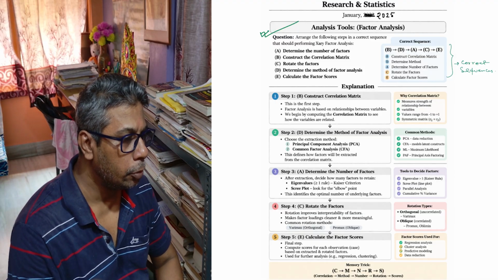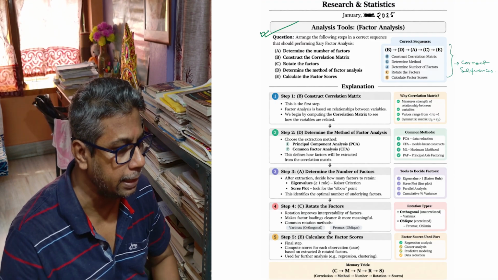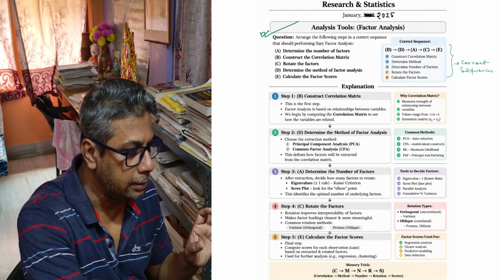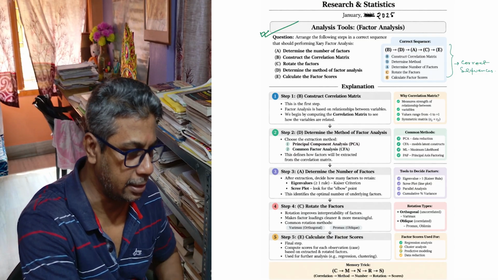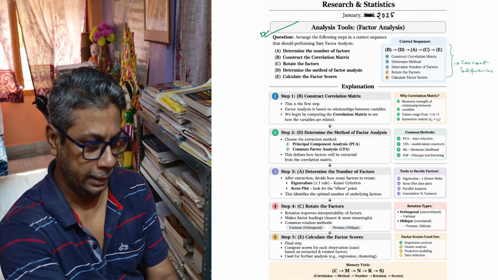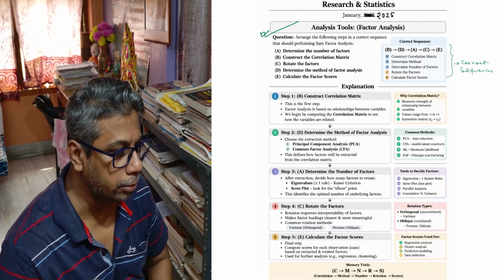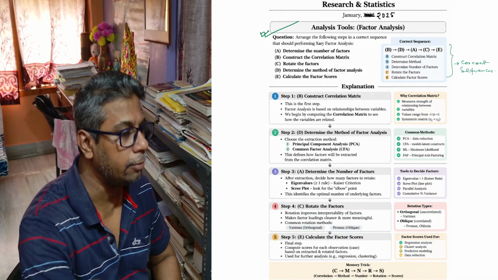And step 5, calculate the factor score. This is the final step. Factor scores are used in regression analysis, cluster analysis, predictive modeling, and data reduction. These are the important uses of the factor score.